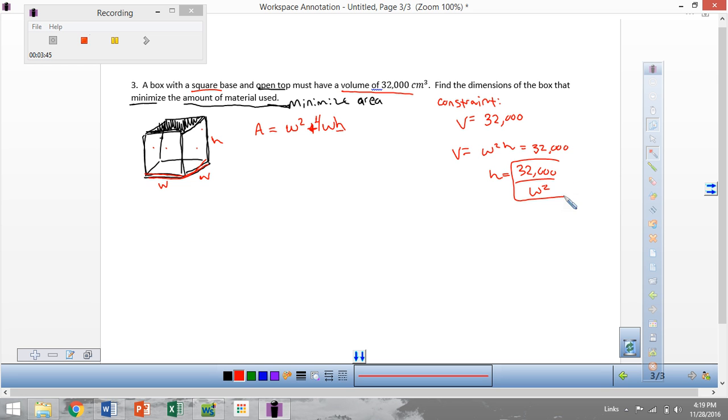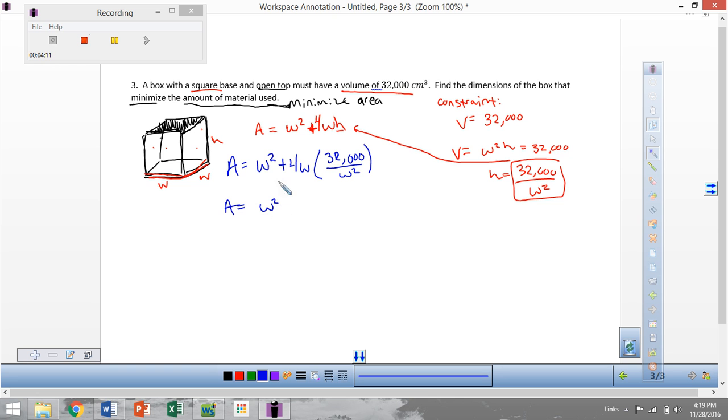Again, once I have that solved for H, I can then replace that in my formula for H. And so I would have that my area would need to be W squared plus 4 times W times, replacing H with 32,000 divided by W squared. Okay, so let's simplify this a little bit before we take the derivative.